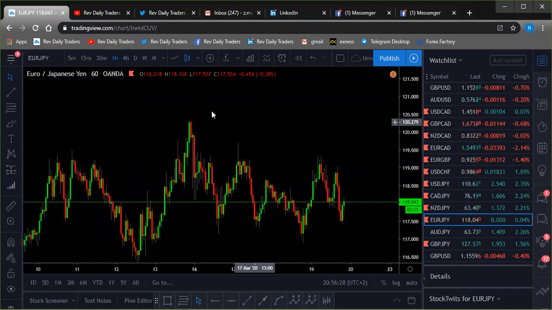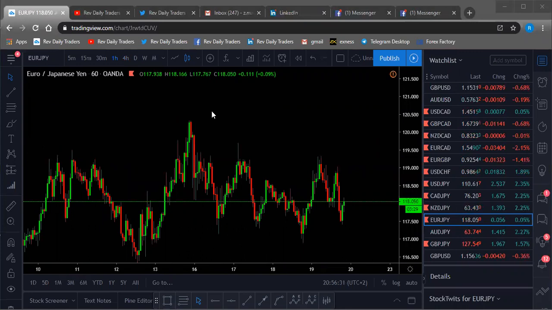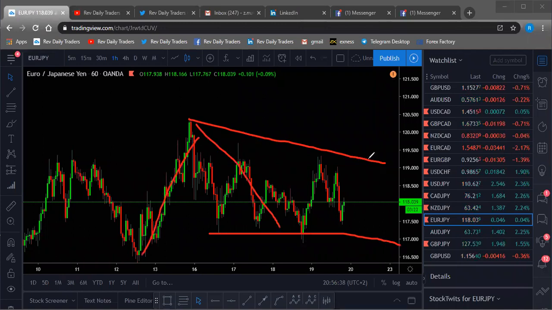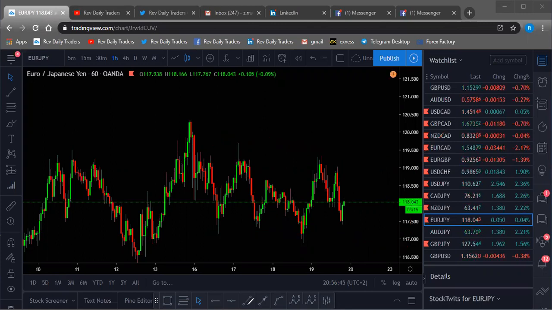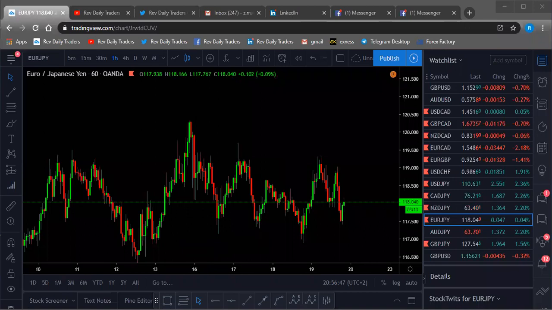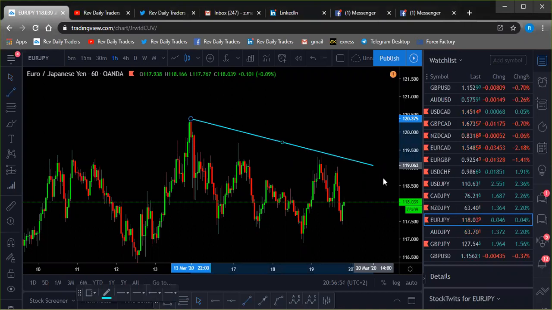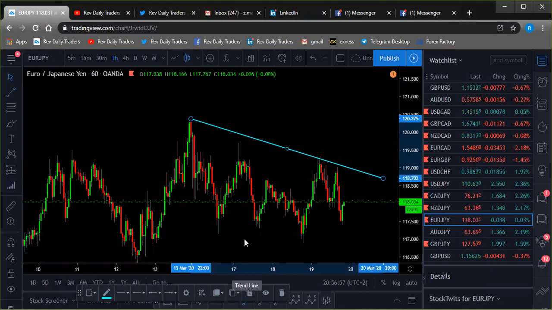Sorry about the background sound. It's an impulse, it's 1, it's 2, then we are expecting a 3, then go down. Then at the moment, let me show you the patterns that we are having there.